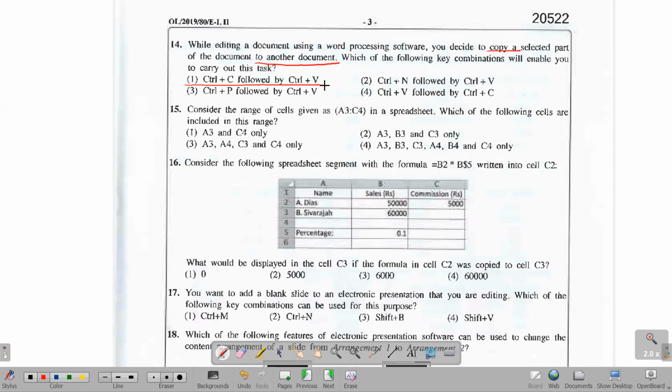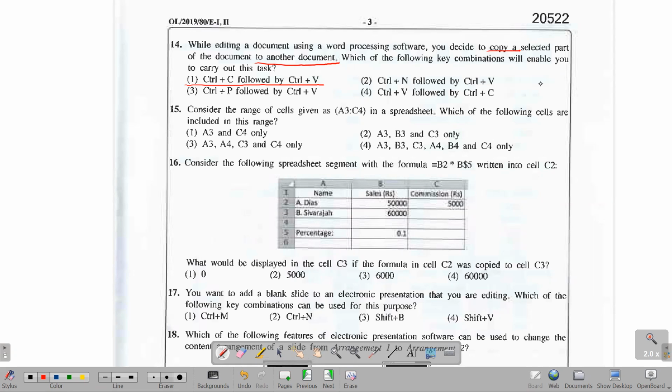Right, Control N is used to do what, people? Yes, everyone, Control N is used to do what? Yeah, to open a new document.